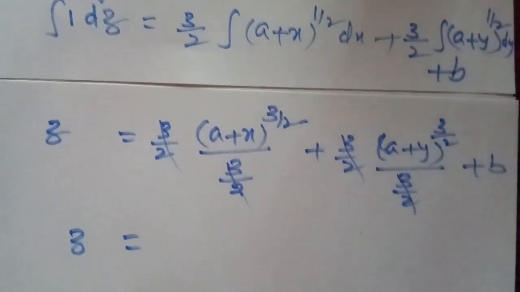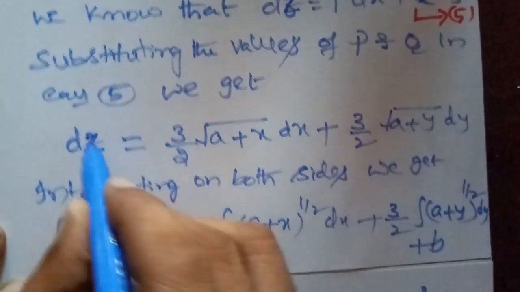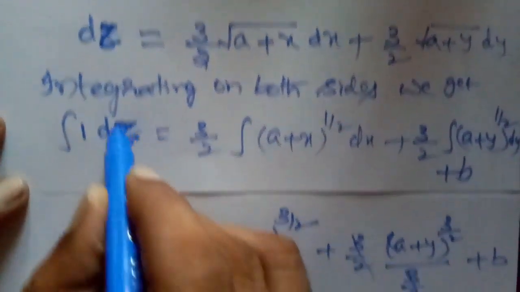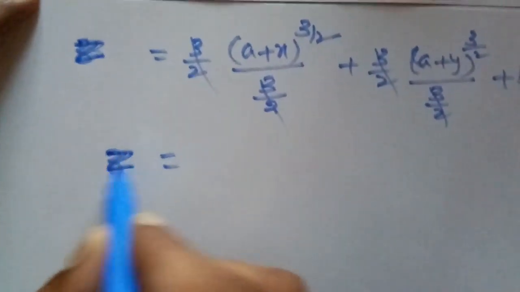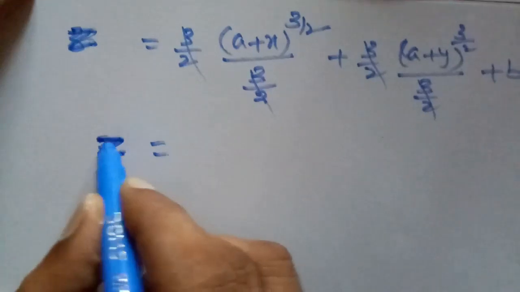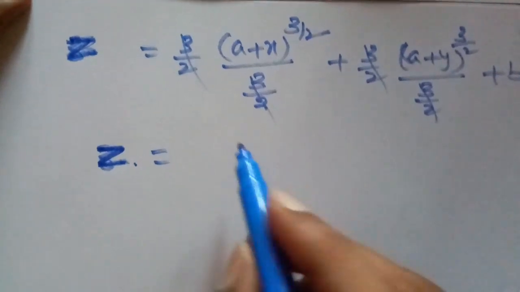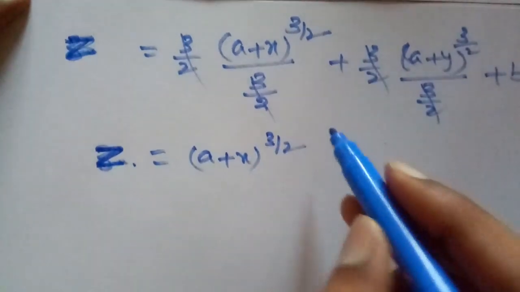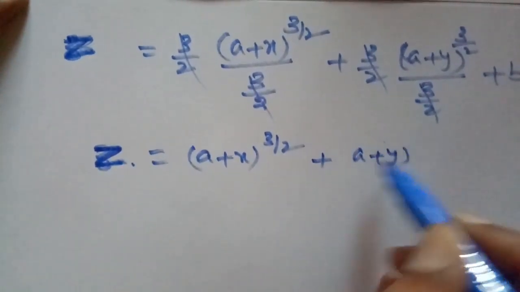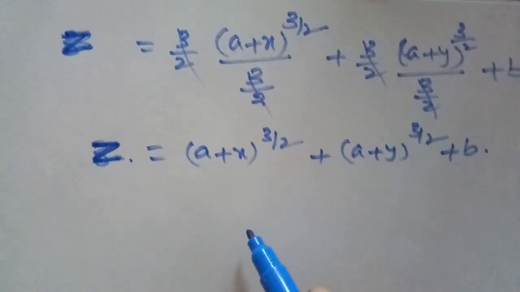Therefore, here d capital Z becomes capital Z, since we used capital Z is equal to small z power 1 by 2. Therefore, this is a plus x whole to the power of 3 by 2 plus a plus y whole to the power of 3 by 2 plus constant of integration.